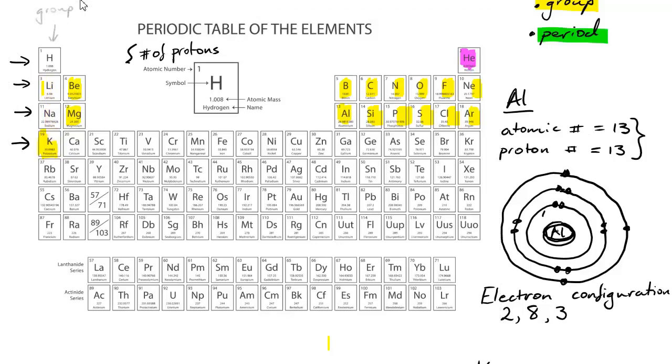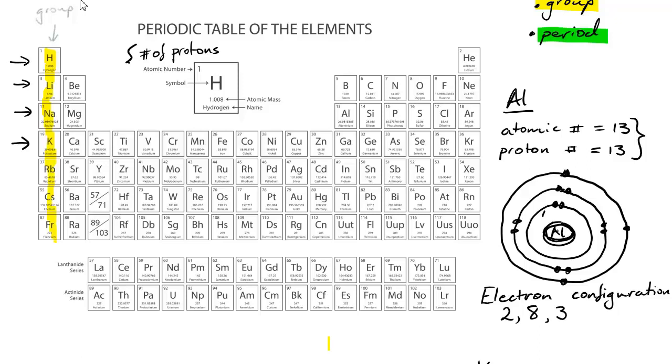So if you have a look at, as I said before, I did introduce the group and the period. The period was just basically telling you how many shells something contains. The group, if we look down here, this first group, I did specify that they have similar properties.